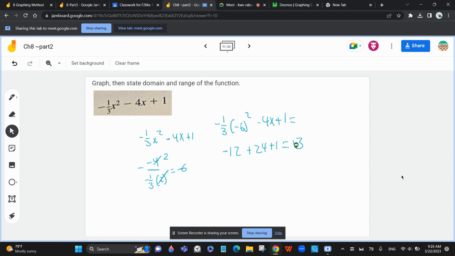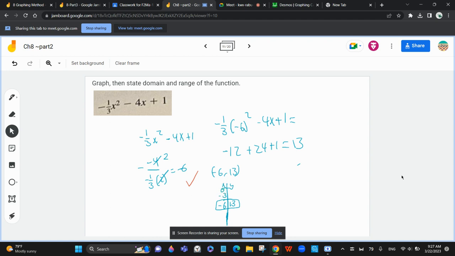Yeah, 13. Yes, correct. Check. I guess 0 gives 1, and then -3 is also easier.